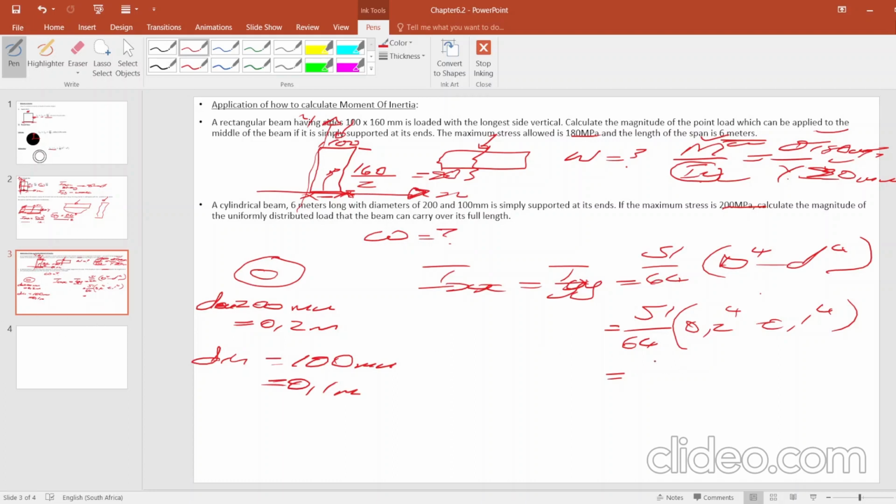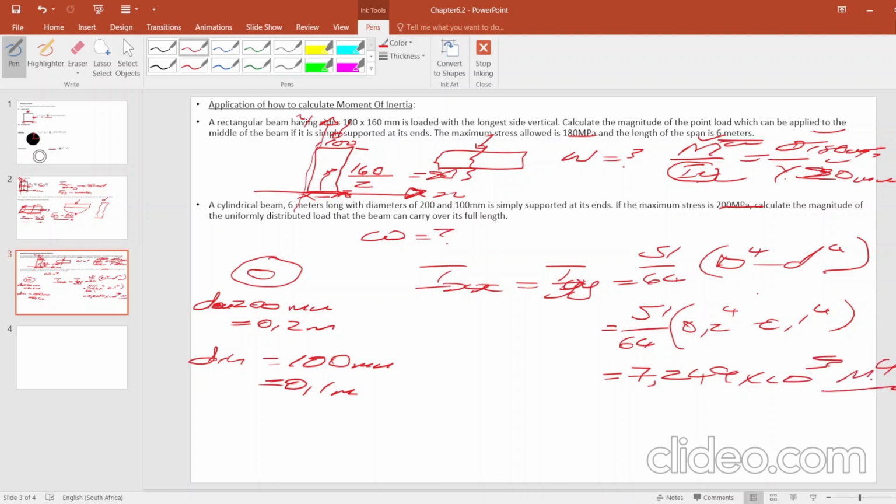As I punch my calculator, I get my moment of inertia as 7.249 times 10 to the power negative 5 m⁴. Now this is how we calculate the moment of inertia for a rectangle and round bars. Now this is the application of how to calculate the moment of inertia.